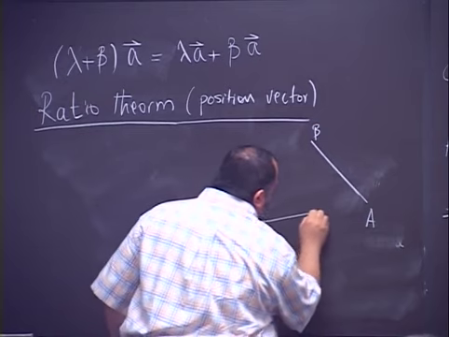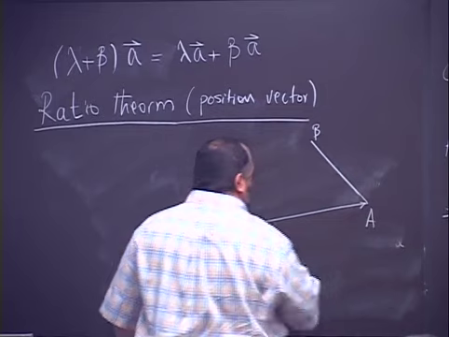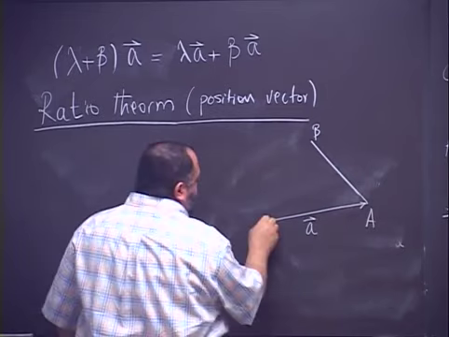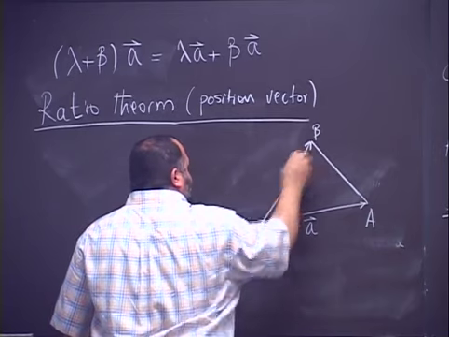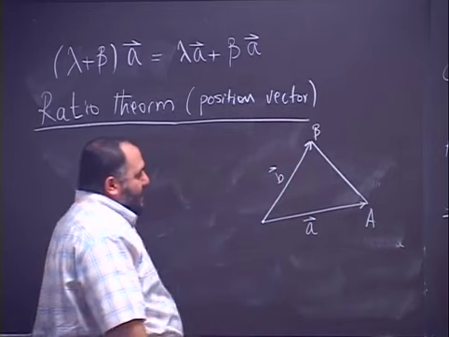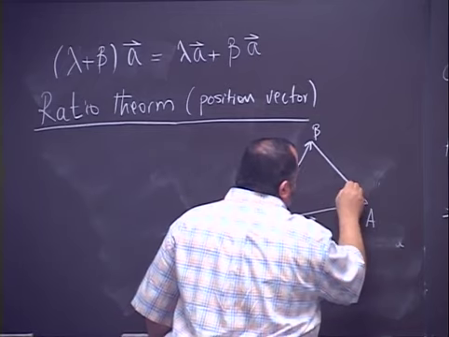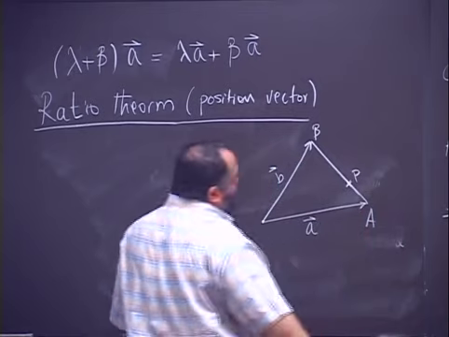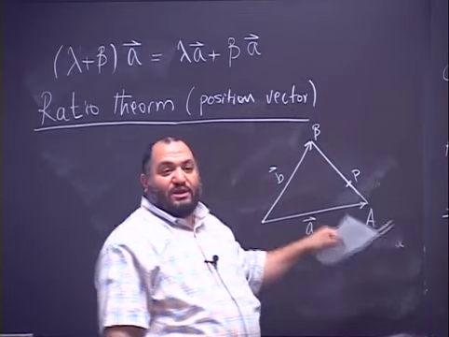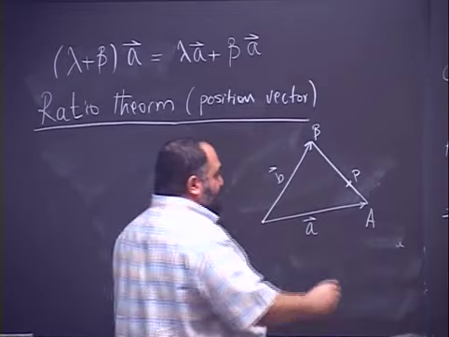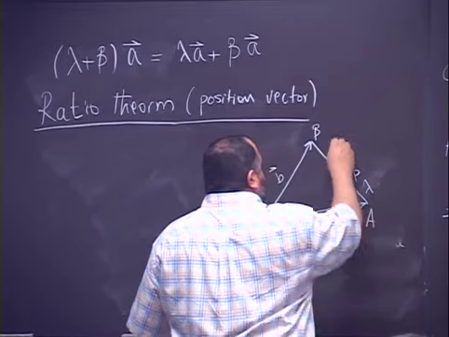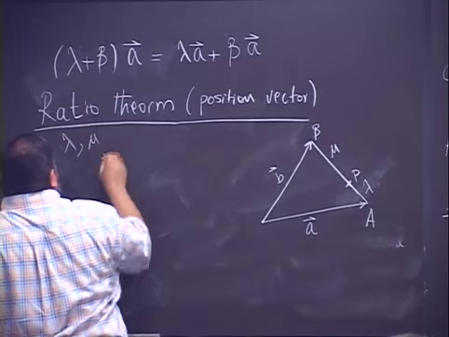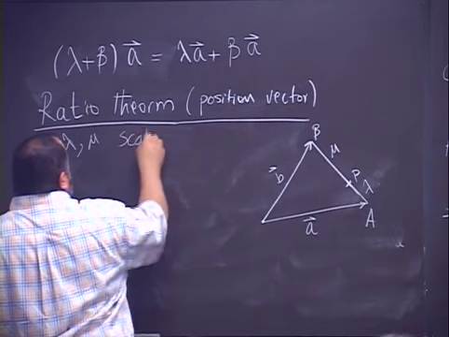So the position vector for the point A is a vector A, and the position vector for point B is a vector B. And then let's assume that there is a point P that divides the line segment between A and B with the ratio lambda and mu, where lambda and mu are scalars.